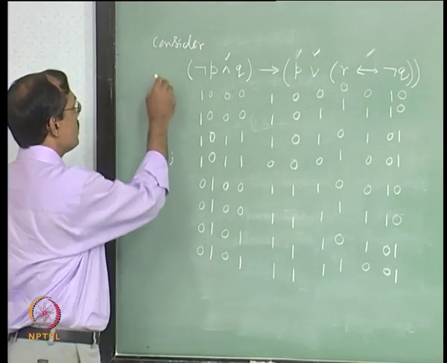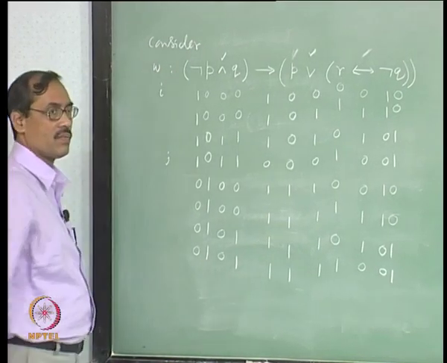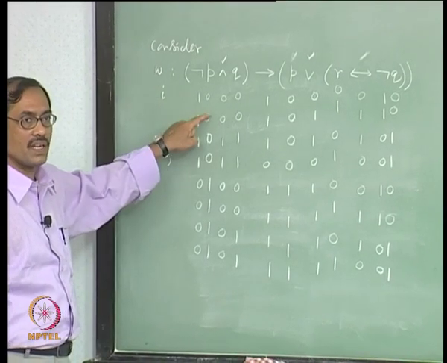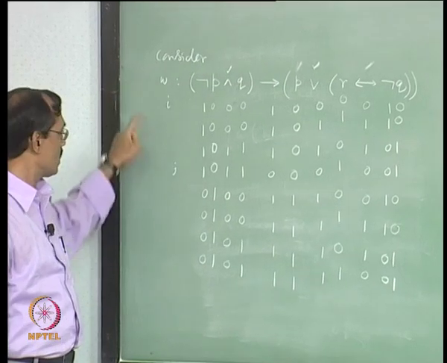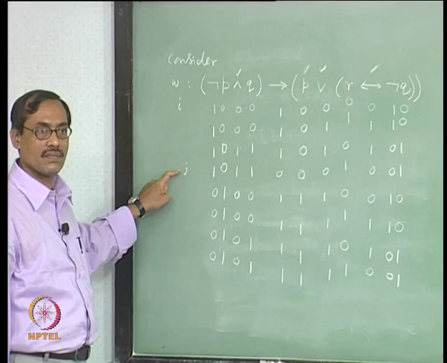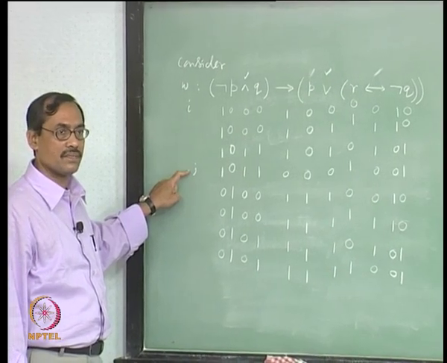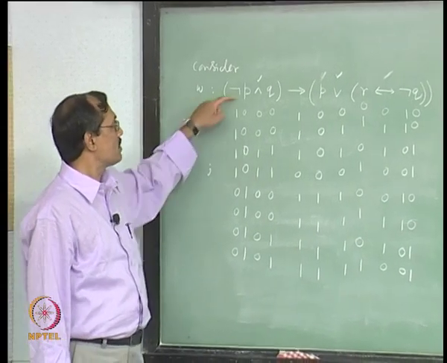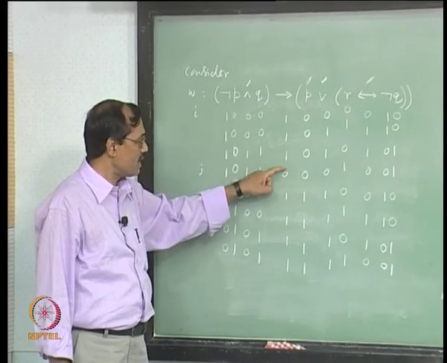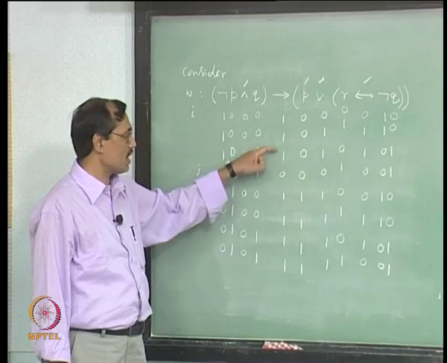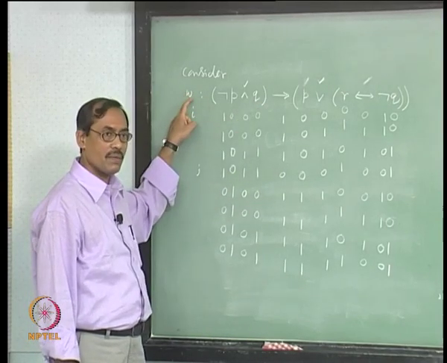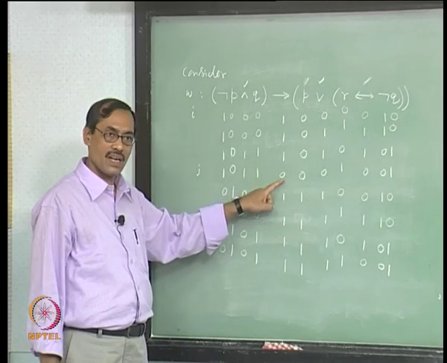For example, if W is this proposition which we have considered, then I is a model of W, I is an interpretation which assigns 1 to W, but J is not a model of W, fine. Is it clear? Now if we say W, then W has many interpretations which are models, and W has one interpretation which is not a model.